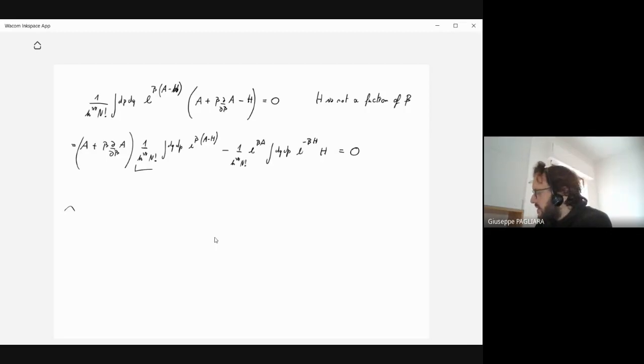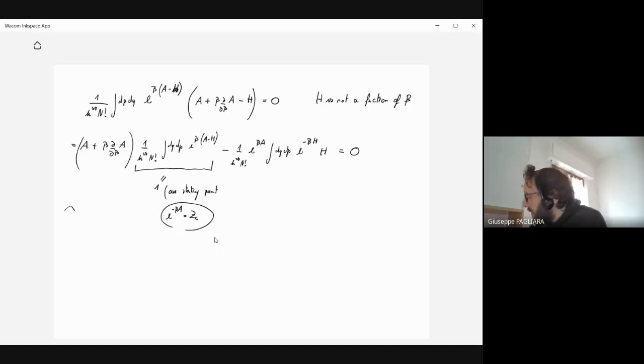And then I have this integral, which is equal to 1, which was exactly our starting point, because we said that e to the minus beta A is equal to Z of c. And this is indeed the ratio between Z of c and e to the minus beta h. So this is equal to 1.